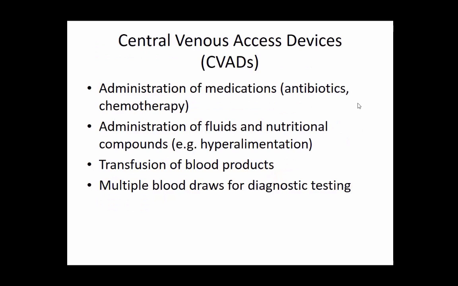Central venous access devices, also called CVADs, are used for the administration of meds, like antibiotics or chemo, the administration of fluids or nutritional compounds, like hyperalimentation for someone who needs additional help with nutrition, transfusing blood products, or if someone has to have so many blood draws for diagnostic testing that it's just easier to put in a central line.